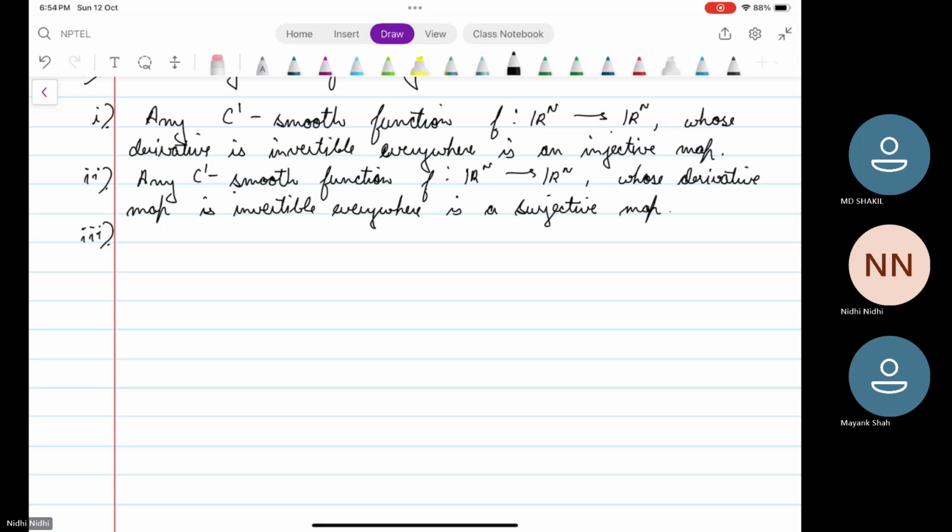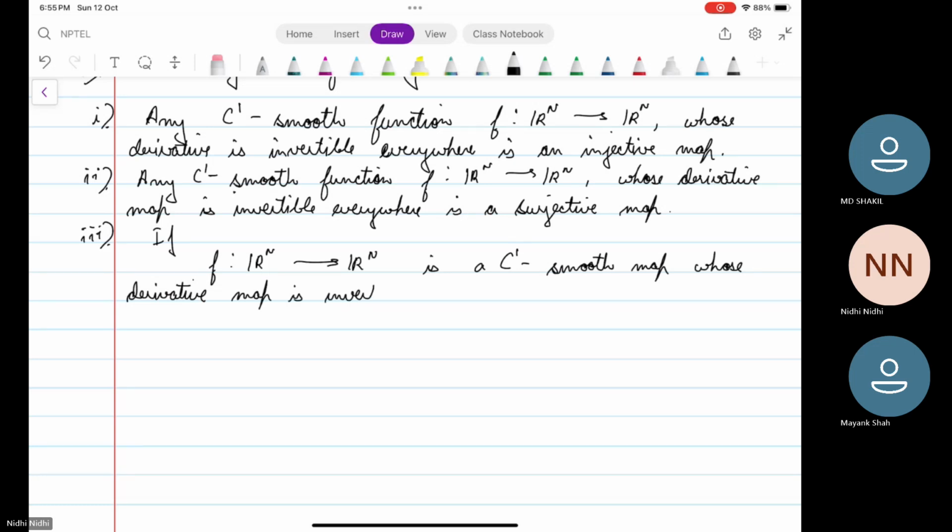Then we have: if f from Rn to Rm is a C1 smooth map whose derivative map is invertible everywhere, then n is equal to m.